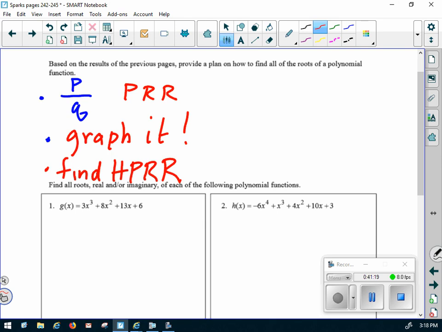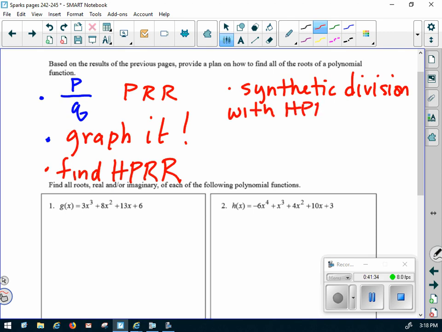What are we going to do with those? Yeah, synthetic division, with HPRRs. Until, how long do I synthetically divide? Till I get down to a quadratic.